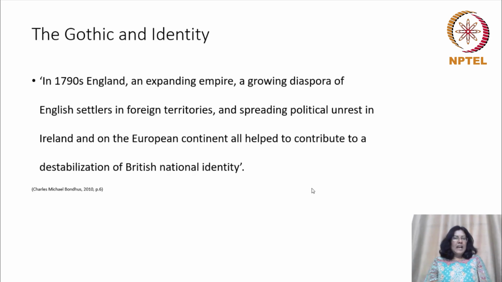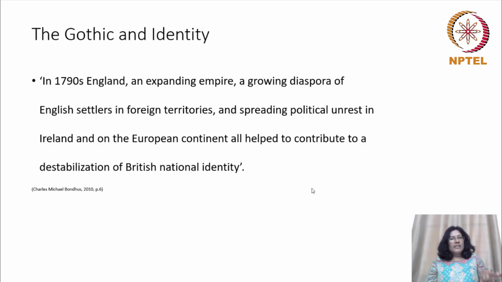Now, let's see how the English identity is going through a flux in the late 18th century. In 1790s England, an expanding empire, a growing diaspora of English settlers in foreign territories, and spreading political unrest in Ireland and on the European continent all helped to contribute to a destabilization of British national identity.